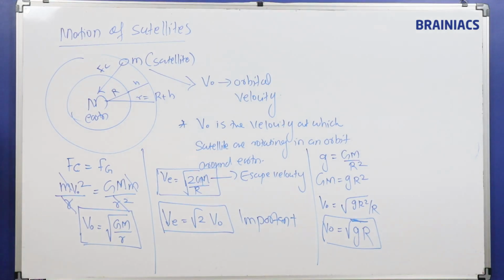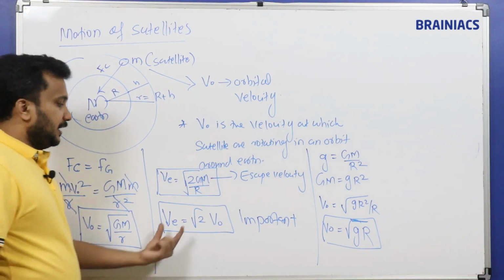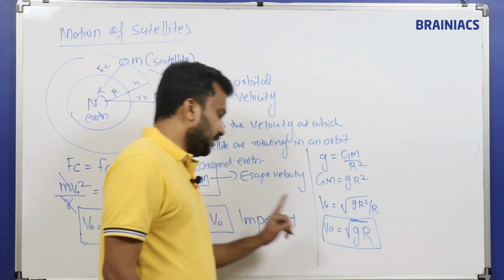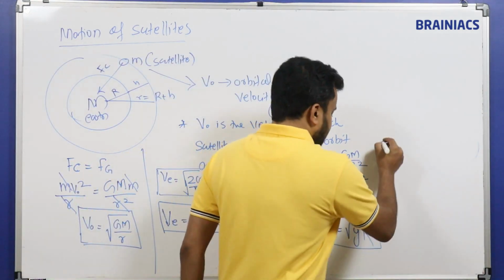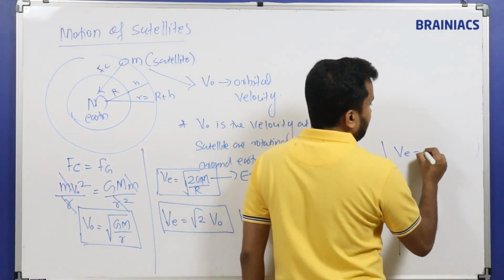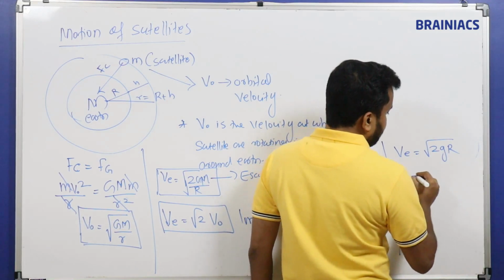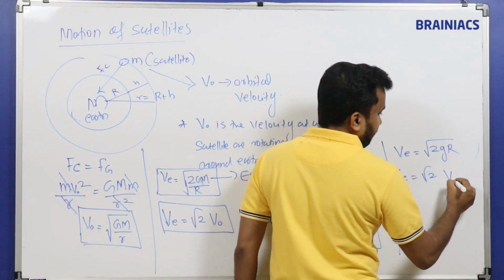So we have learned two important things. Orbital velocity is root of GM by r, and escape velocity is root 2 times of V0. The other equation for orbital velocity is root of gr. Same equations we have learned for escape velocity, which is root of 2gr. Based on this also I can say root 2 into root gr, where root gr is orbital velocity.